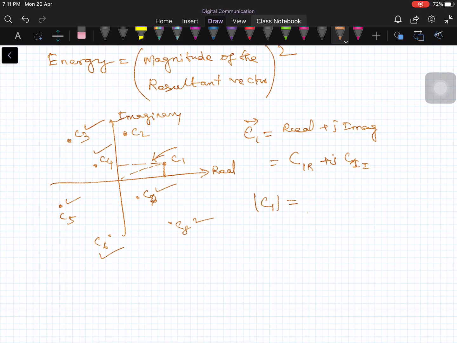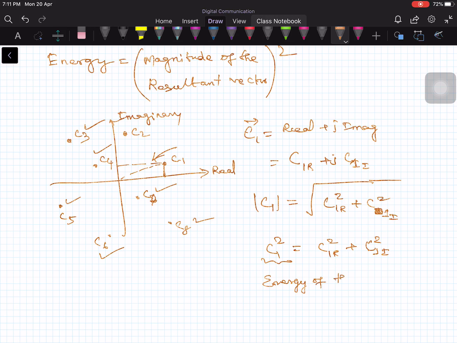The magnitude is the square root of C1R square plus C1I square, and take the square of this magnitude. So the magnitude square equals C1R square plus C1I square. This indicates the energy of the constellation point C1.